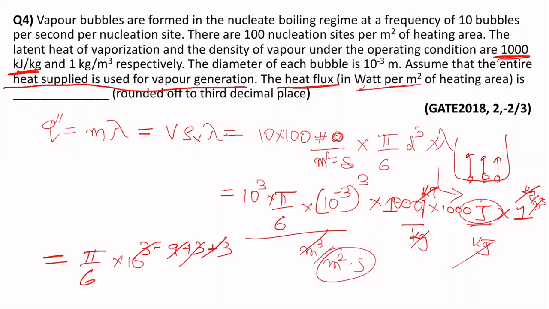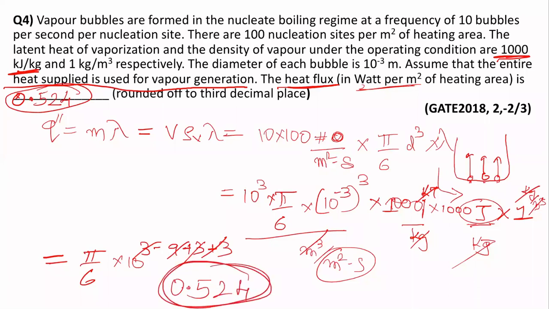Even without using a calculator, you can write 0.52 and you will get the answer, because there will be a particular limit window to answer, or you can just calculate one single step and enter the correct answer, which is 0.524. This is your answer, and this is watt per this unit.